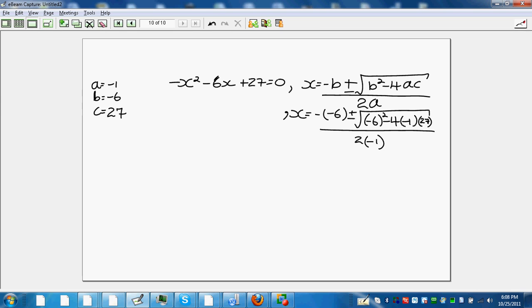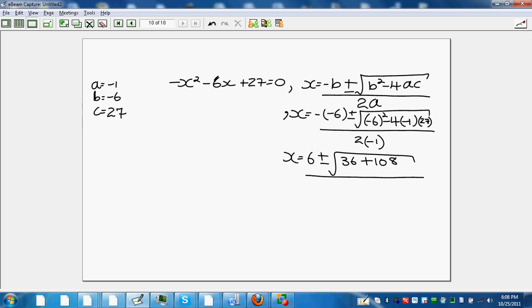So it means then that x will be equal, minus 6 is plus 6, plus or minus the square root of minus 6 squared is 36, minus 4 by minus 1 is positive 4. Positive 4 by 27 is positive 108. And all that is going to be divided by 2a, which is minus 2 when we do the multiplication.